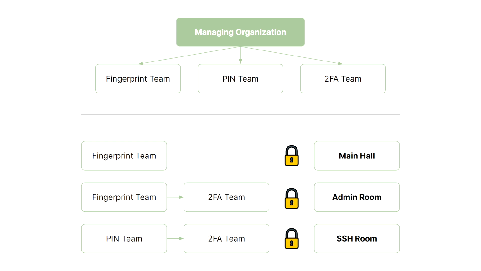Now, an ideal solution would be a managing organization, like a security company that you could hire, that could provide all these different teams for you exactly when you need them. So if you were to hire, for example, a team that could take care of fingerprint authentication from this organization, they could on demand just give you access to the team.